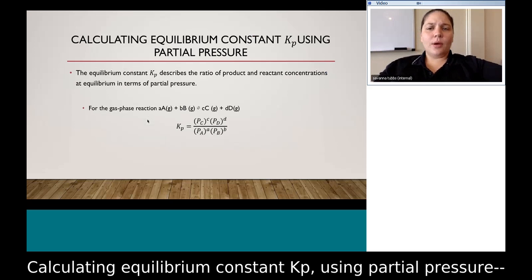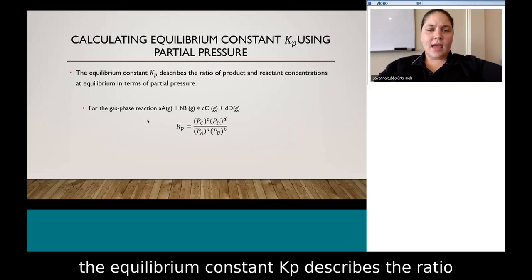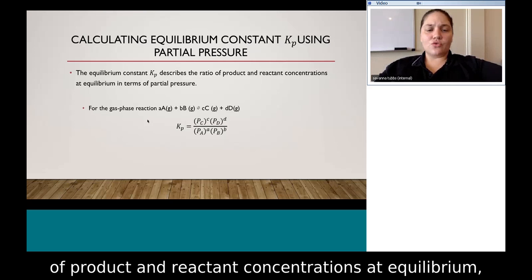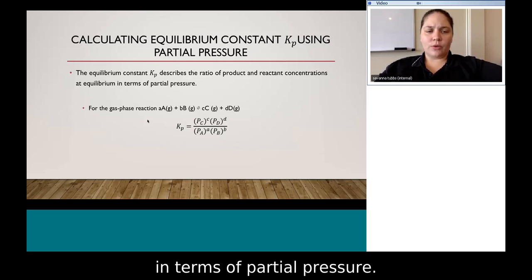Calculating equilibrium constant Kp using partial pressure. The equilibrium constant Kp describes the ratio of product and reactant concentrations at equilibrium in terms of partial pressure.